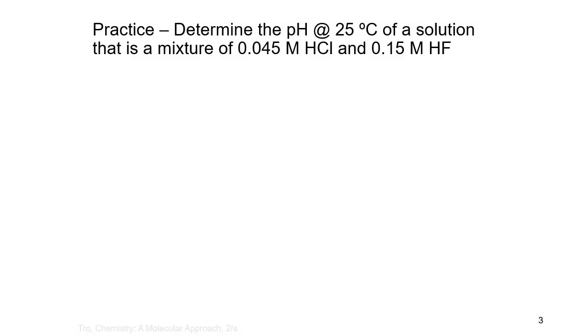Okay, so here is a practice for you to determine. So I'm going to ask you to pause the video, see if you can figure out what the pH is of a mixture of HCl and HF.